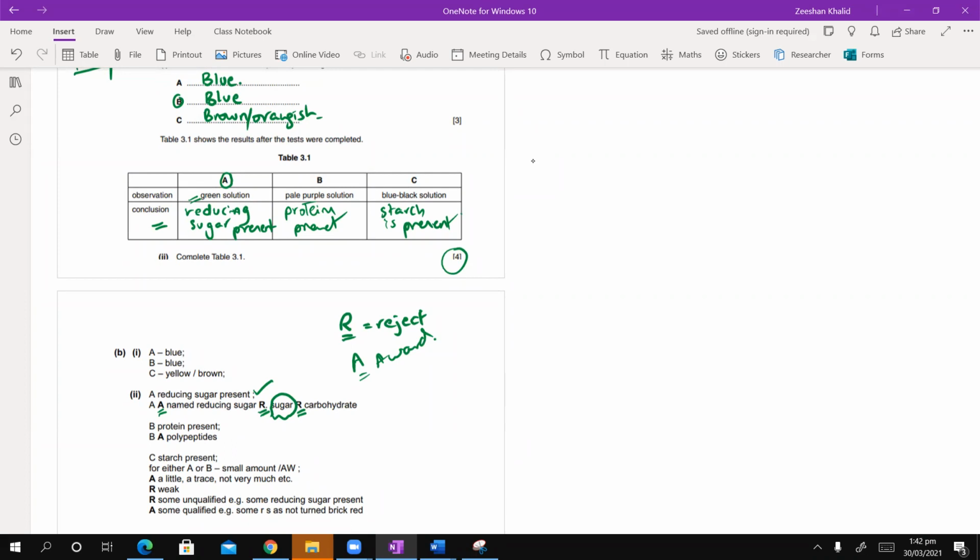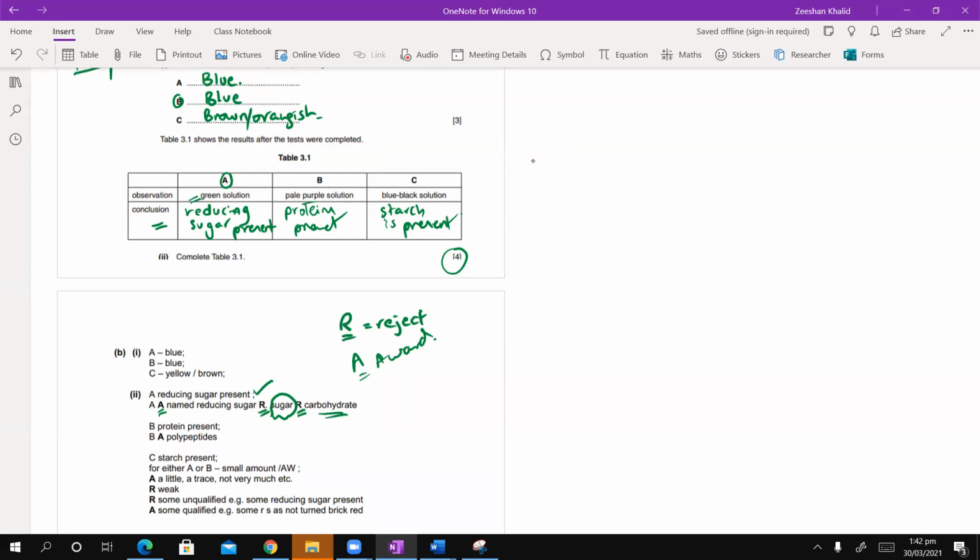Yes, you will study inshallah later in chemistry that there is another type of sugar which is non-reducing sugar. What the hell is non-reducing sugar? Guess what, you don't need to go into that detail. The point is, if you just write sugar, that's unacceptable. या फिर अगर आपने carbohydrate भी लिख दिया, वो भी unacceptable है. The Benedict solution test is for reducing sugar. Reducing sugar, and I repeat, reducing sugar.